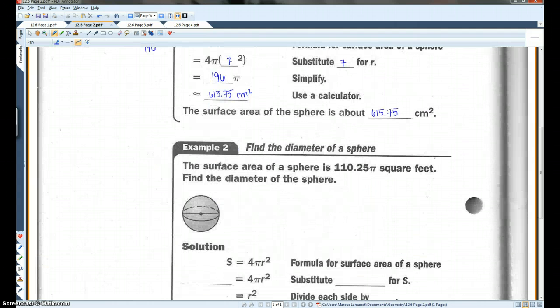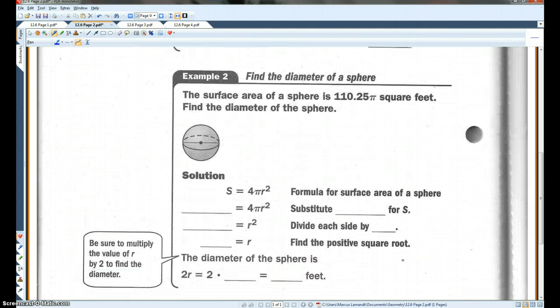Find the diameter of a sphere. The surface area of a sphere is 110.25 pi square feet. Find the diameter. Now we're given the surface area and we have to work backwards. We can use this equation to solve for r, and then the diameter is just double whatever r is.